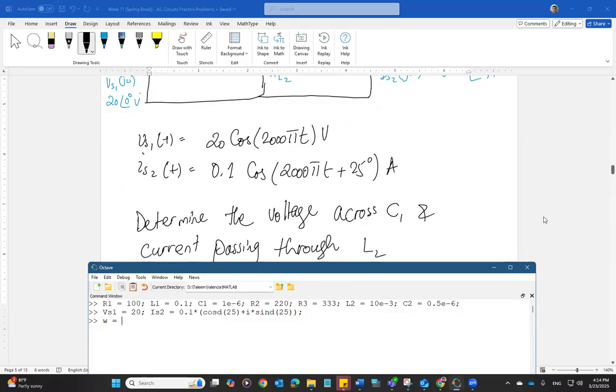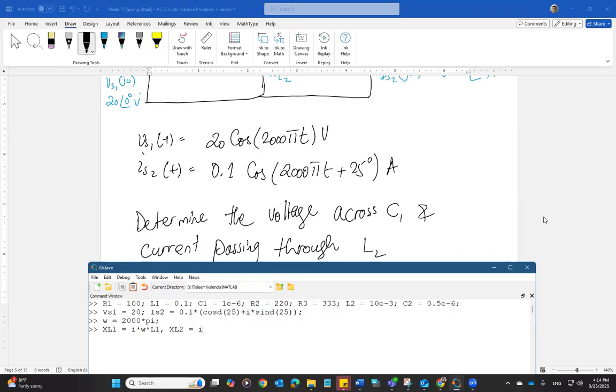Omega is 2000 pi, because we have to calculate the reactance of each component. XL1 equals I times omega times L1.